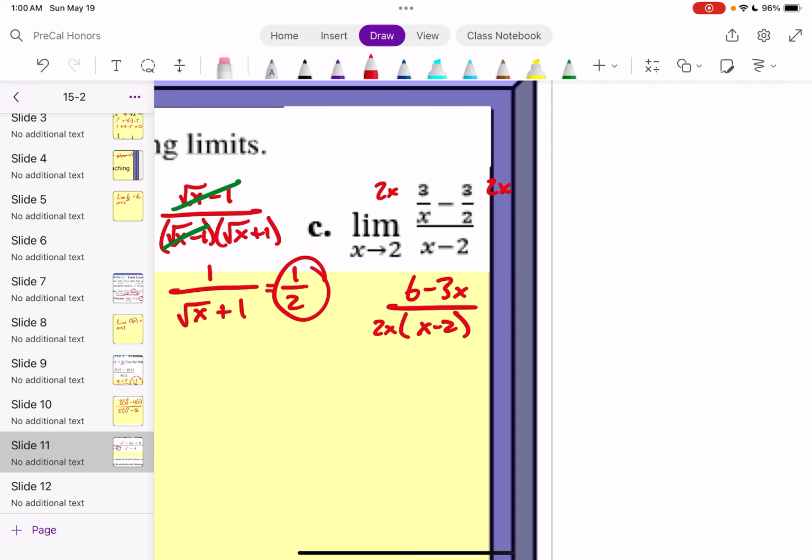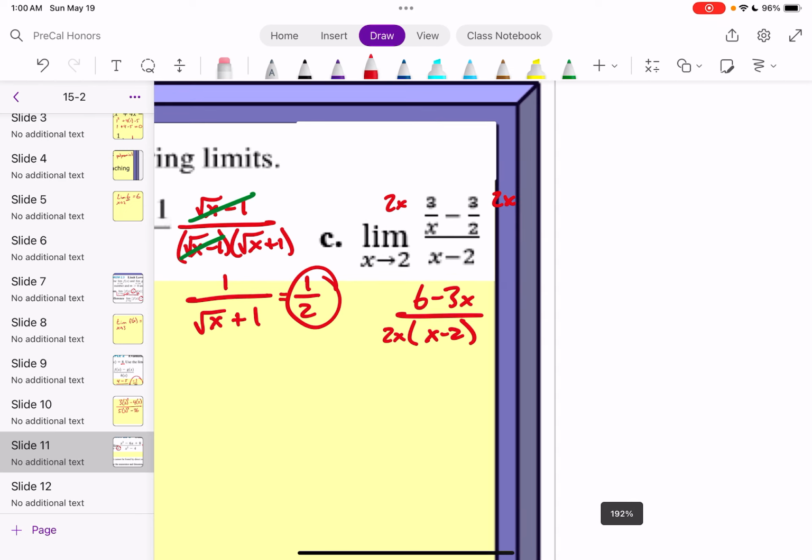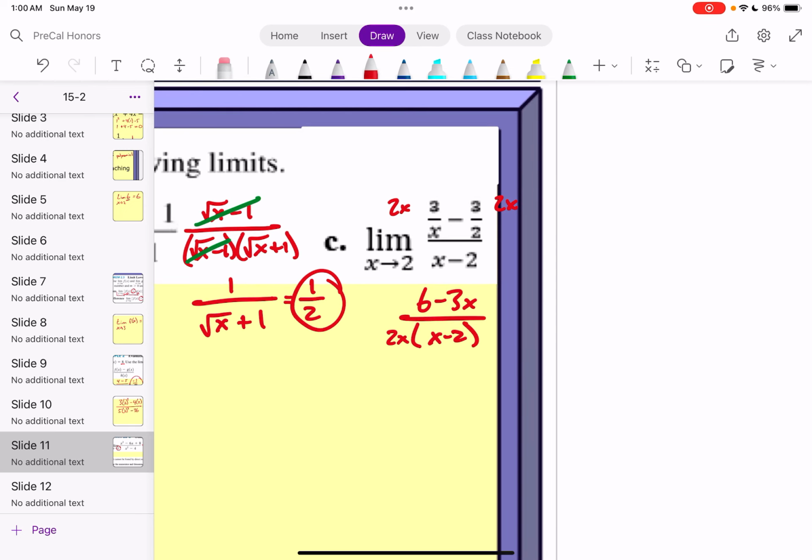Once we're at this place, we have the ability to remove something that we have in common, which is an x minus 2. Keep in mind our numerator also has something that we can factor out, which is that negative 3.